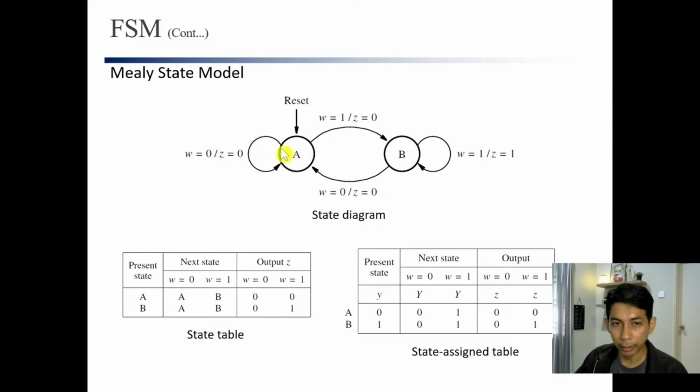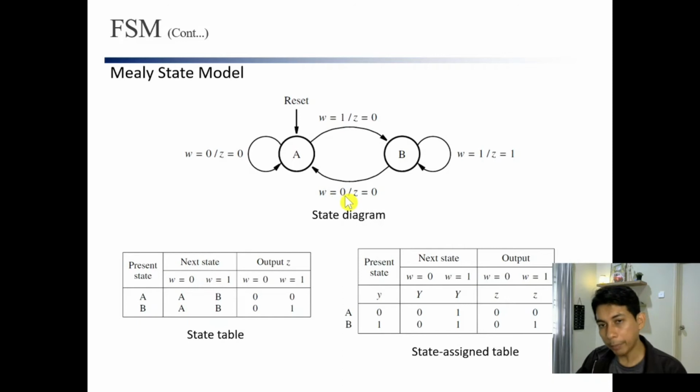So whether we remain at A or go to B, the output will be activated during the transition. The next difference is that when we used the Moore state machine, we needed 3 states, and now when we use Mealy, we only use 2 states.